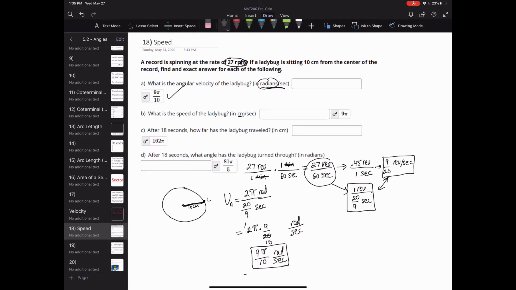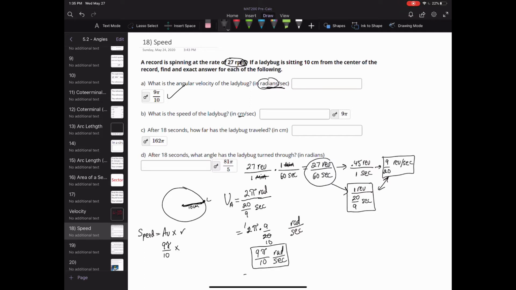So now we want to know the speed of the ladybug. And here's what we need to know. Speed is equal to the angular velocity times the radius. So the angular velocity is 9 pi over 10 times, and remember that velocity is in radians, so if we only knew what the measure of the radius was, then hey, we could tell how far it traveled per second.